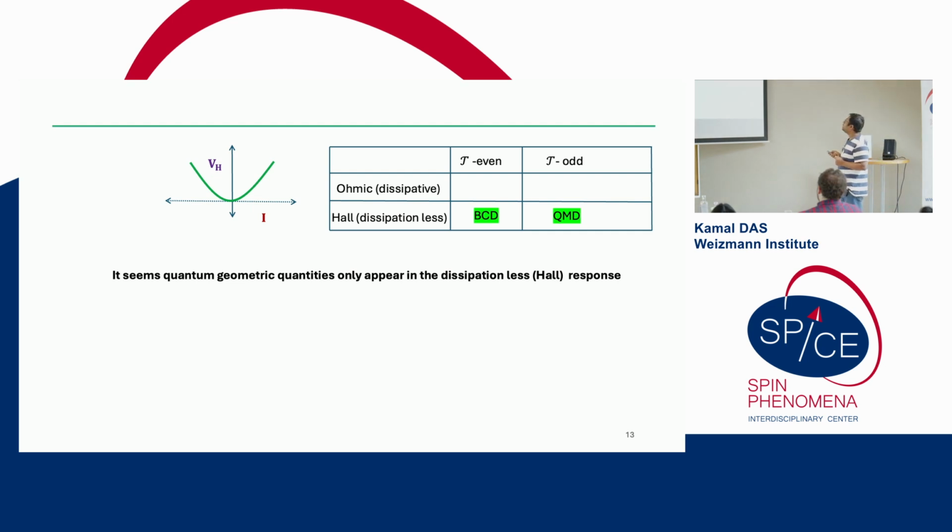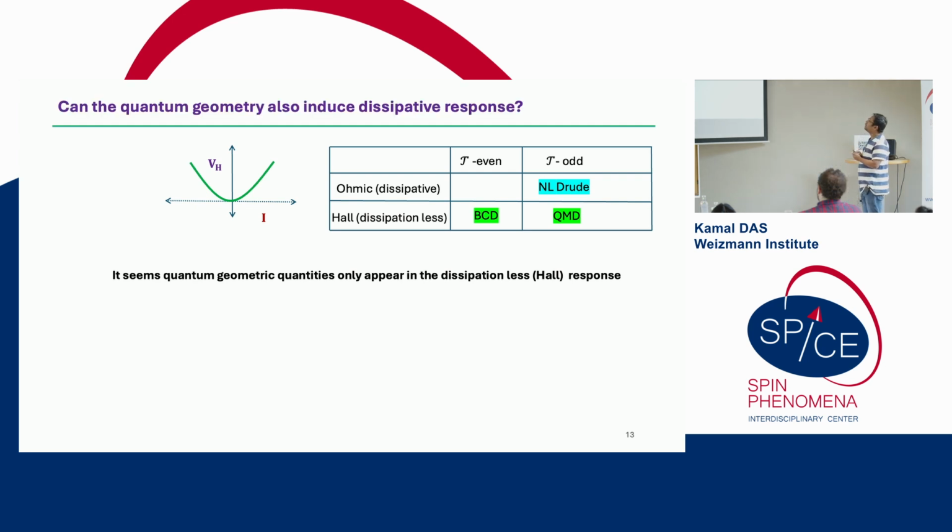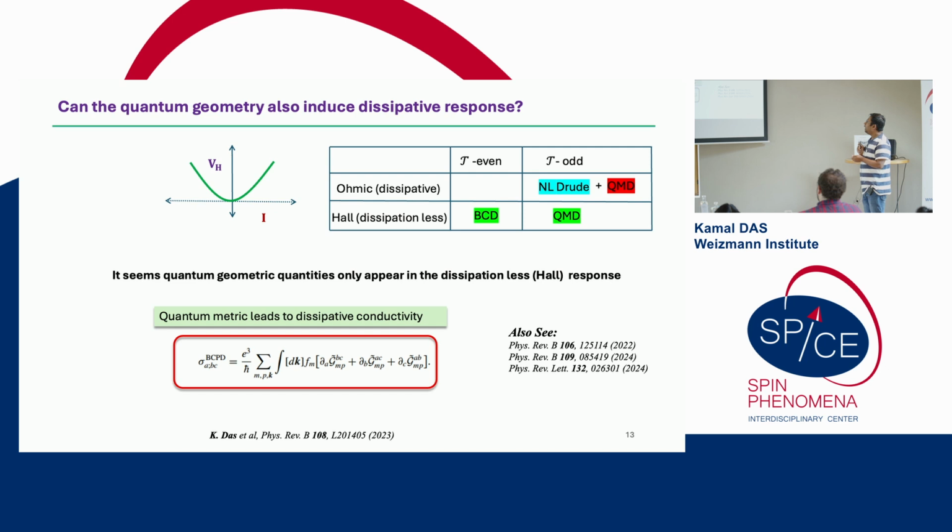If you calculate the dissipative part, then it will be only given by the trivial nonlinear Drude contribution. So we asked the question: can the quantum geometry also induce some dissipative response in a system? And I'm happy to share that we found a contribution where quantum metric leads to some dissipative response.